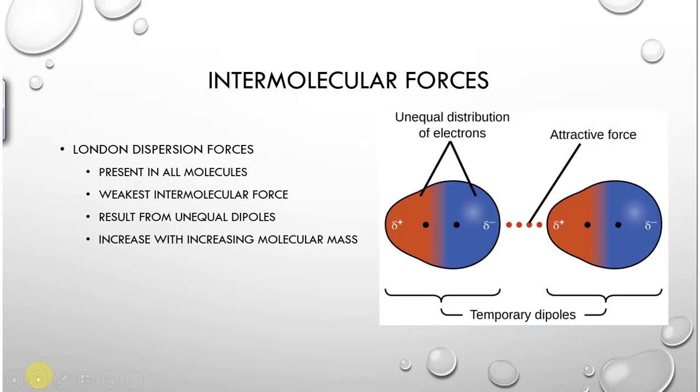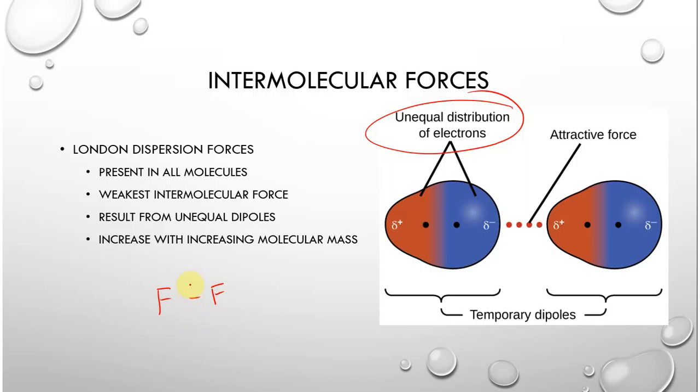The first intermolecular force is London dispersion forces. These are going to be present in all molecules. They are the weakest of the intermolecular forces. You can kind of think about these, although they technically come from a temporary unequal distribution of electrons, something like fluorine to fluorine.